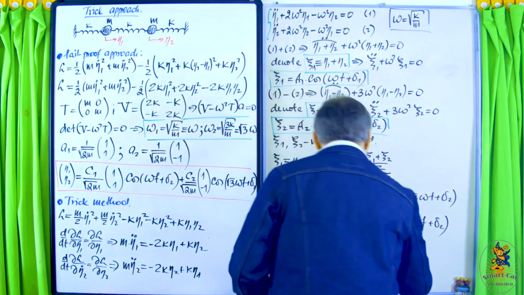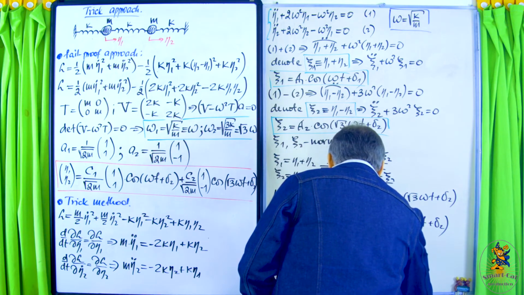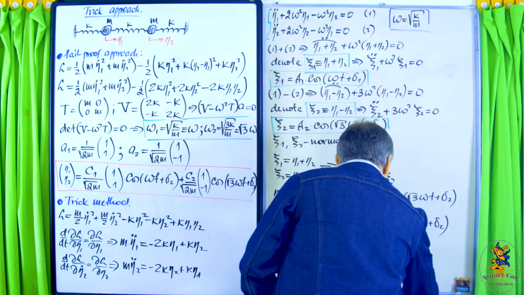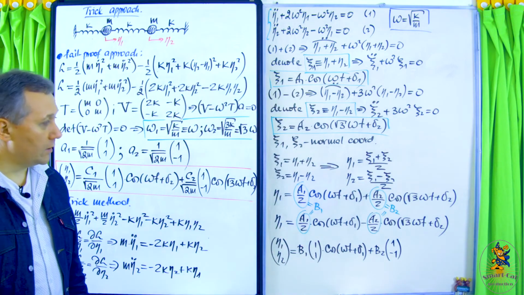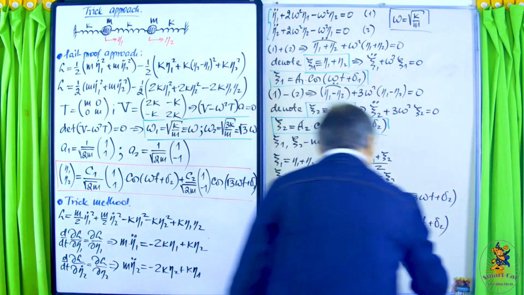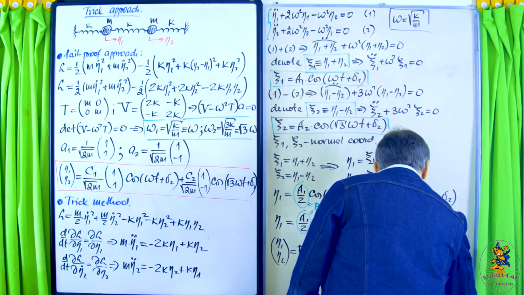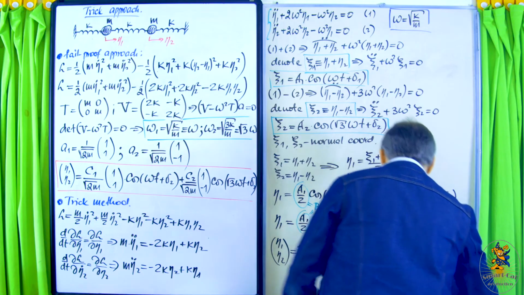And so the last term: plus b2 times the column 1, minus 1, and time dependence with the frequency of the second normal mode, cosine of square root of 3 omega t plus delta 2.